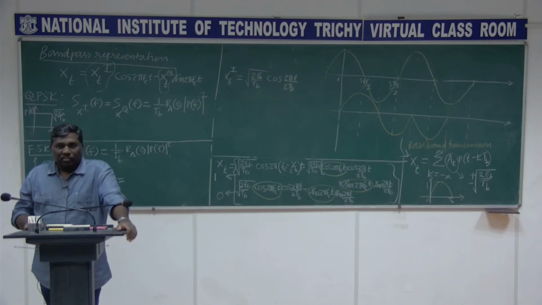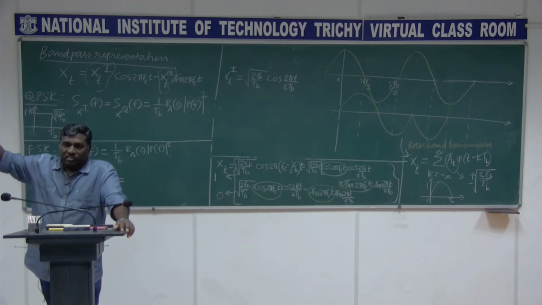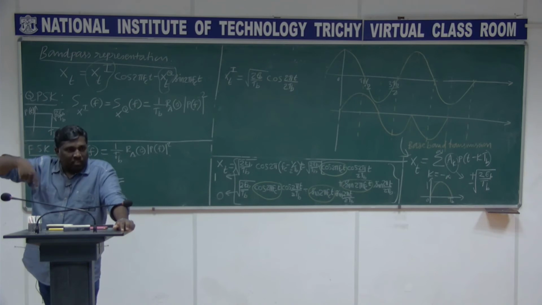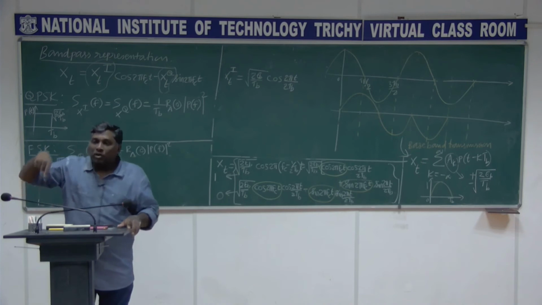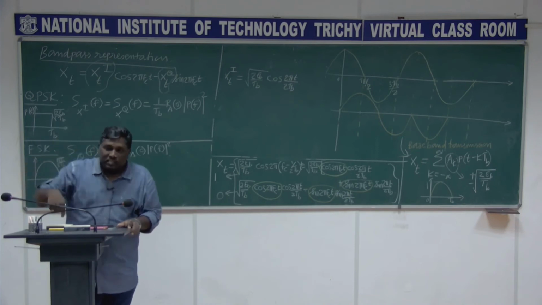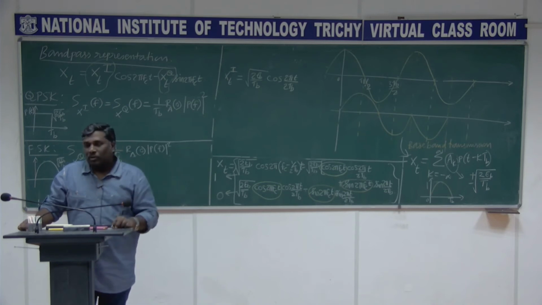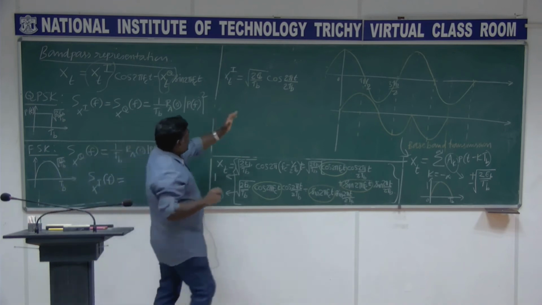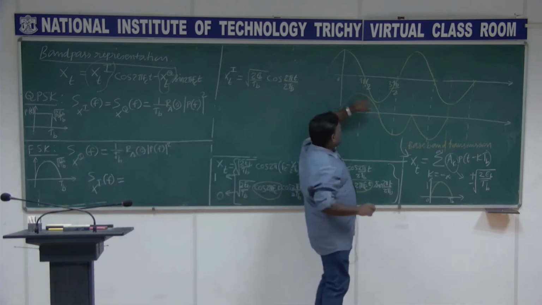Your spectrum is not going to have that discrete spectrum, like what I told, in the Fourier series, where we have 1 by TB, 2 by TB and so on. Instead, it is going to have only 1 by TB. You understood? Only that is the frequency we get for this in phase component, because there is no absolute here. I just noticed now, so there is no absolute. It is only that cos wave, I am sorry.